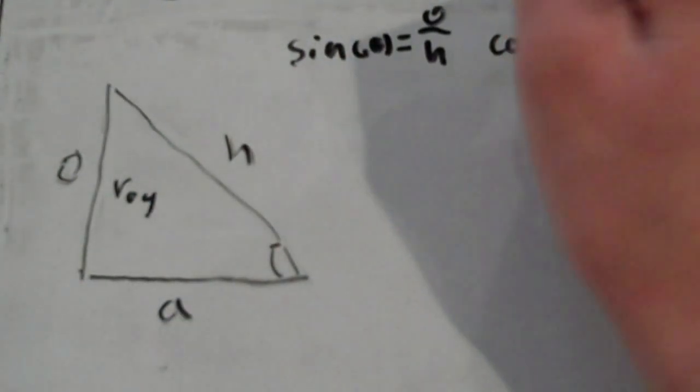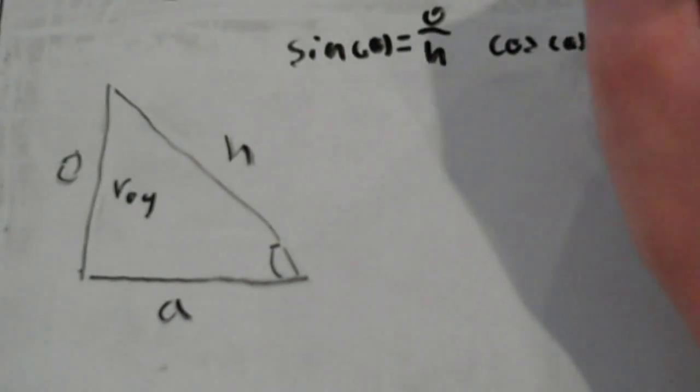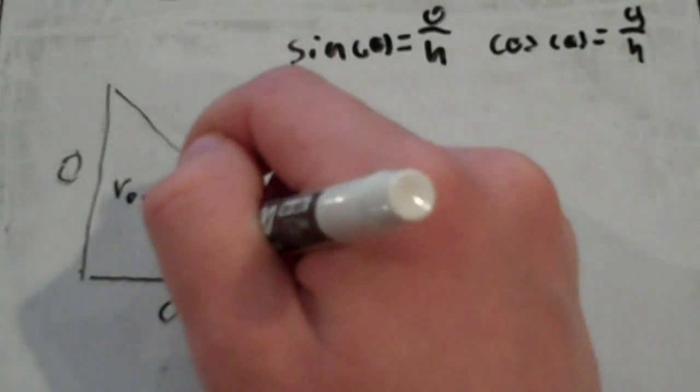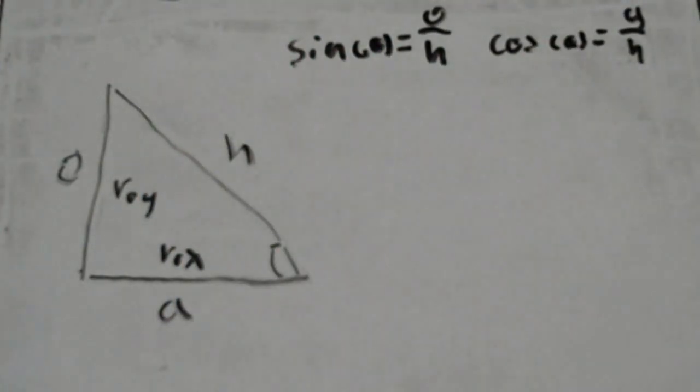Well, the opposite is vertical, so that would be like the initial vertical velocity. And cosine of some angle is adjacent over hypotenuse. And adjacent is horizontal, so that would be like the horizontal initial velocity.